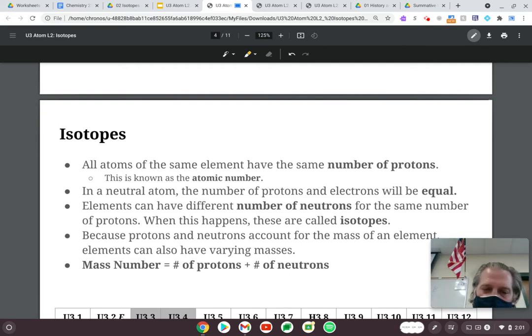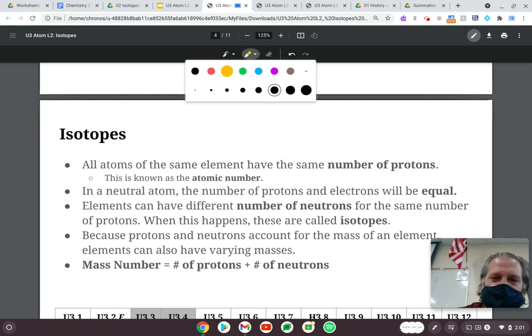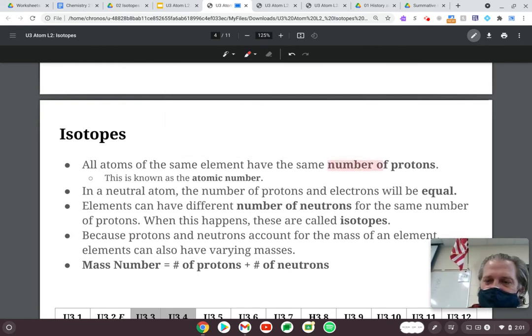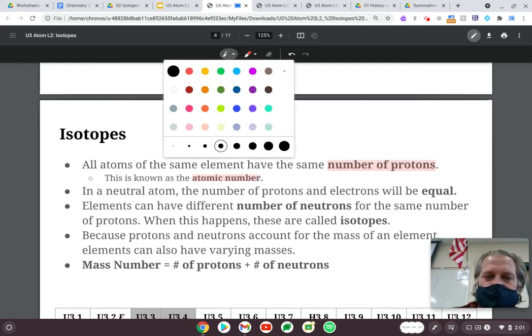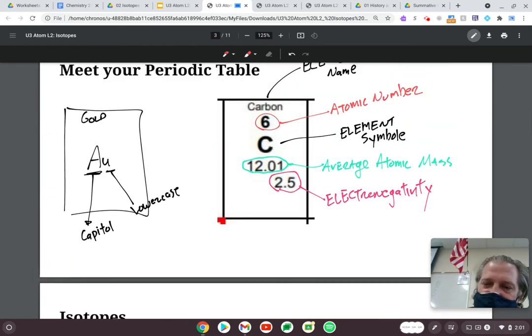So, all atoms of the same element have the exact same number of protons in them, which is super important because the number of protons is what makes the atom unique. And we know that to be the atomic number. So if I go back up to my drawing above, the atomic number is also the same as the number of protons.